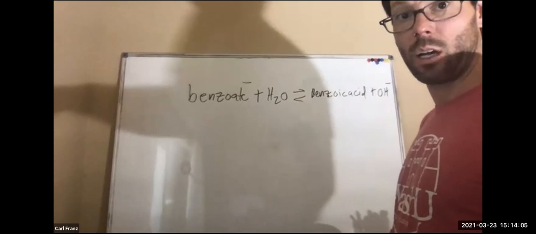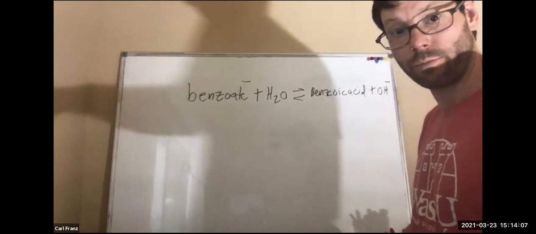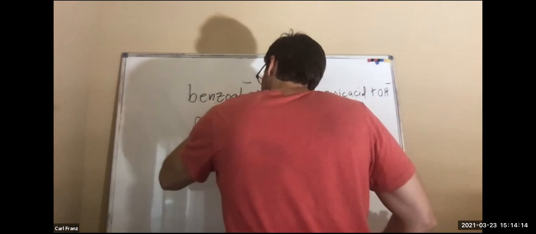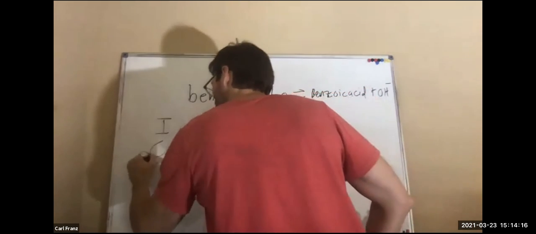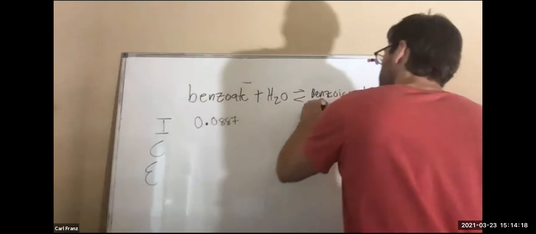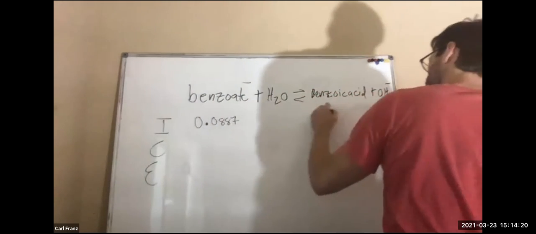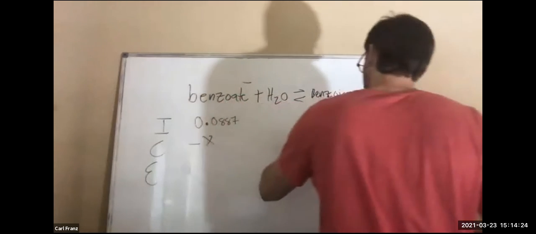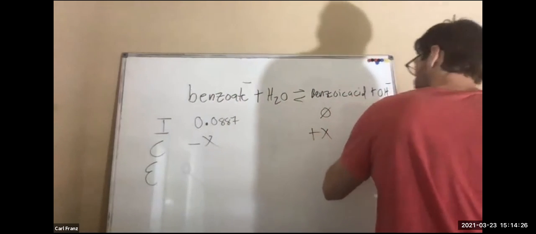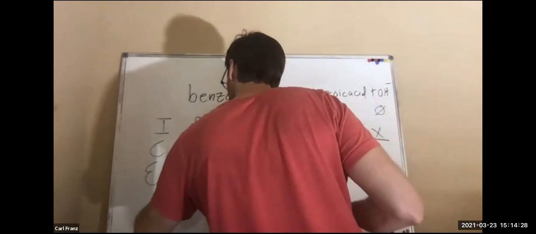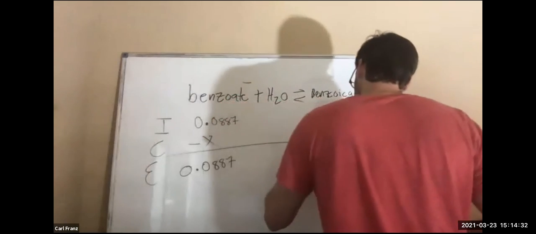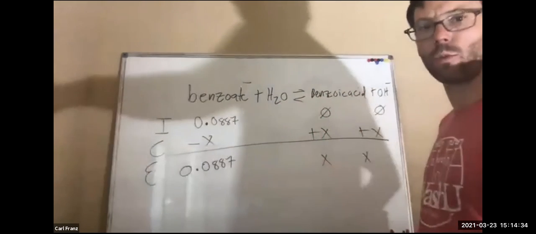And then they give us a concentration of 0.0887 in our ICE table. 0, 0, X, X, X, X, right?